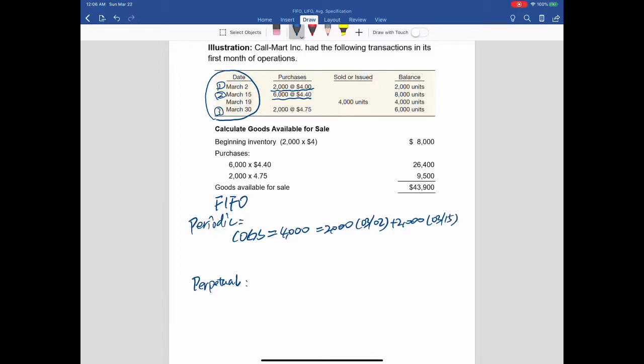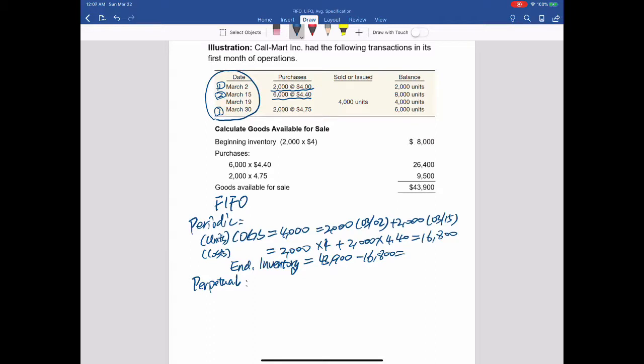Then the cost of goods sold will be, so that's the number of units. Okay, so the cost will be 2,000 multiply 4, 2,000 multiply 4.40. So the cost of goods sold will be 16,800. We can also calculate ending inventory, which is 43,900 subtract 16,800.